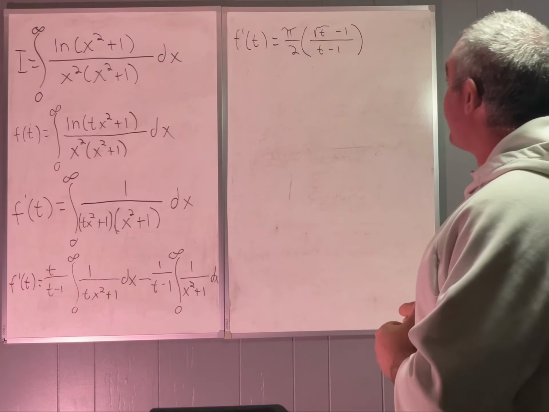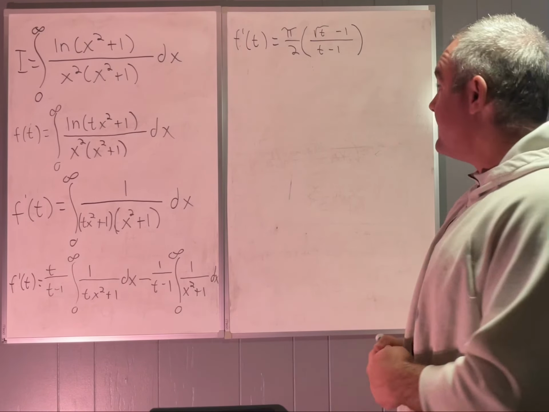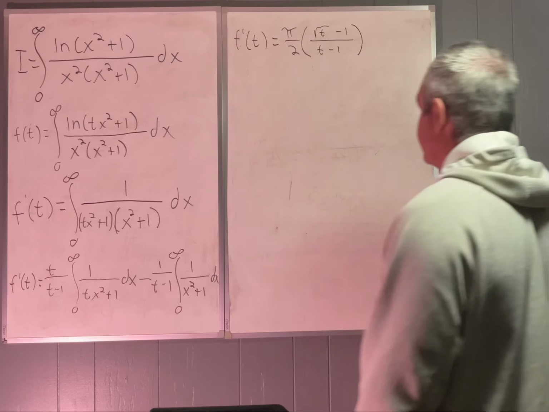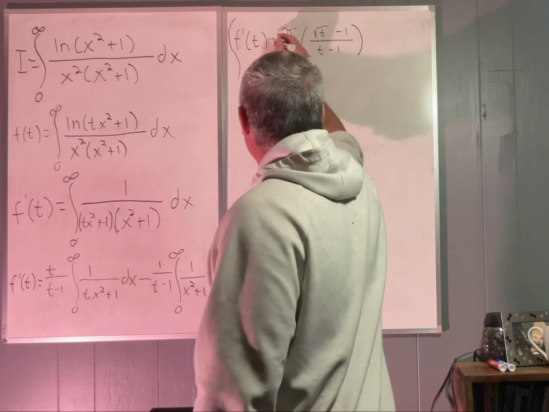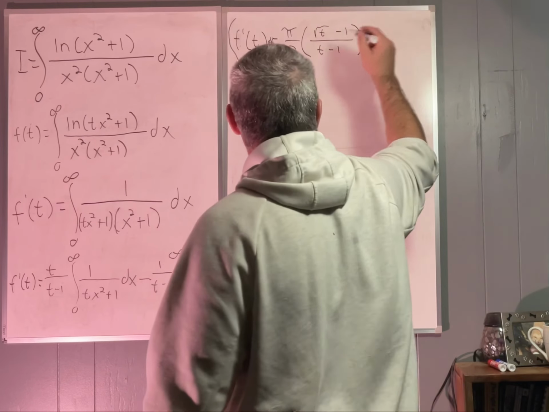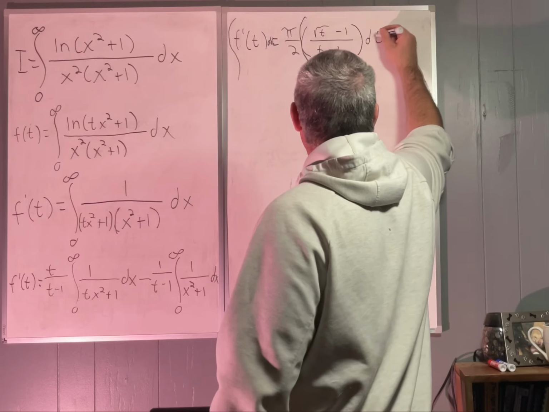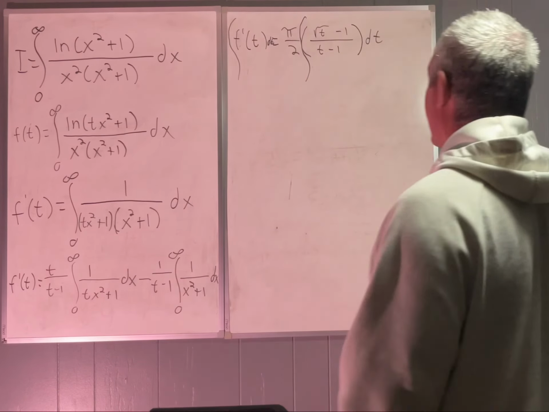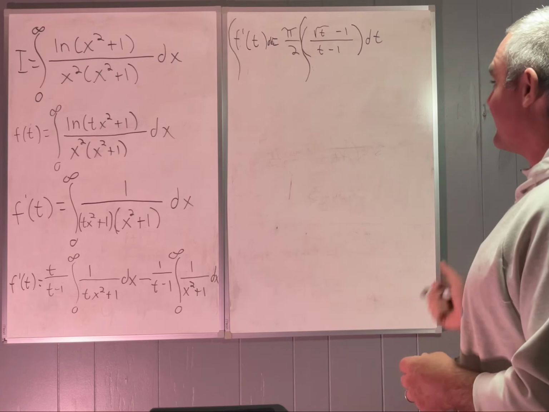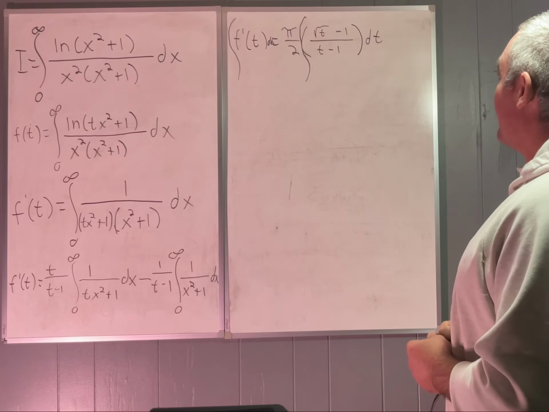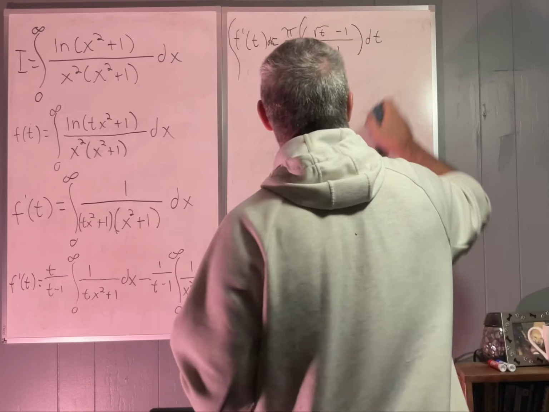So now we have f prime of t, and as you all know, we don't want f prime of t, we want f of t. So we go like this, dt, and like this, dt. I apologize for my sloppy integral signs. I'm not very practiced at writing on whiteboards on the fly, but actually, you know what? I'm going to fix that. That is disgusting.